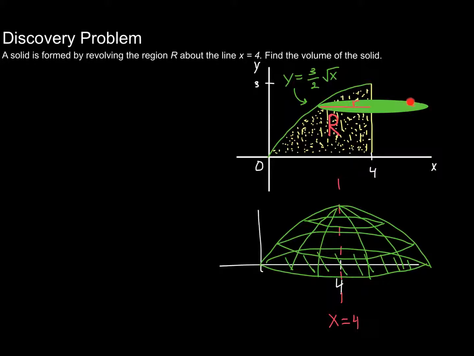If I can find the area for my cross-section, I know that the thickness of the cross-section is this thin strip along the y-axis, it's dy, and so I'm going to be summing up these infinitesimally small volumes of my cross-section through, as I cycle through the y values, going all the way up to the top of my solid here. So how do we compute the area of a circle? We need the radius. And therefore, our task is to determine how to compute this radius here.